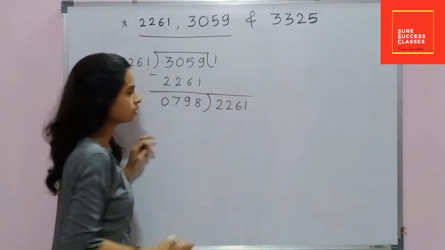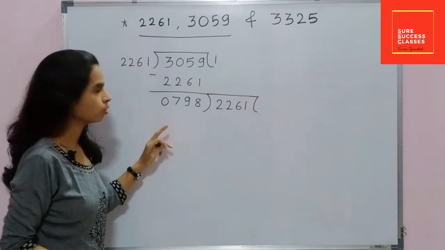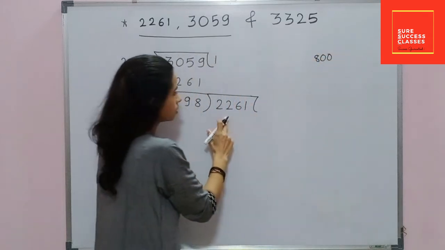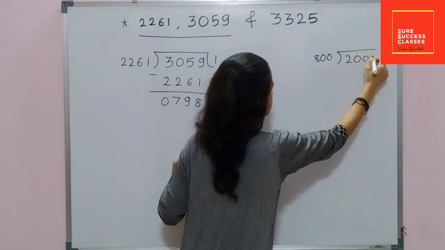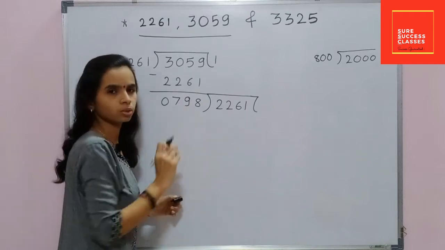Again we will divide this 2261 by this remainder. Here if we round off this number as 800 and this number as 2000, then 800 goes 2 times in 2000.